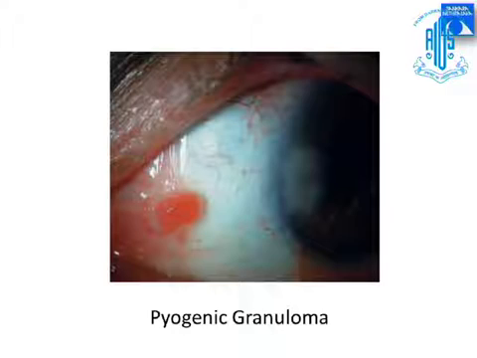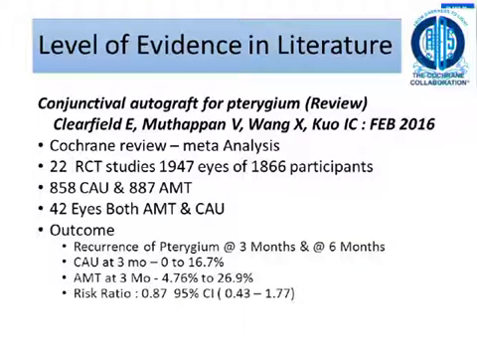Coming on to the evidence: is conjunctival autograft indicated, or do we need to go for AMT? Just before coming here, I wanted to look at the review of literature, and this has just been published. For good evidence, Cochrane reviews are the best evidence.